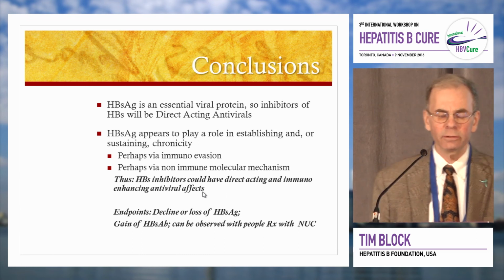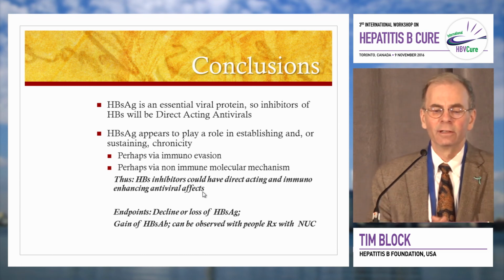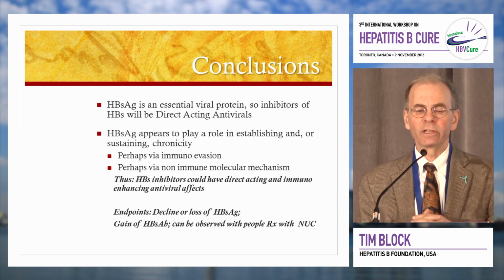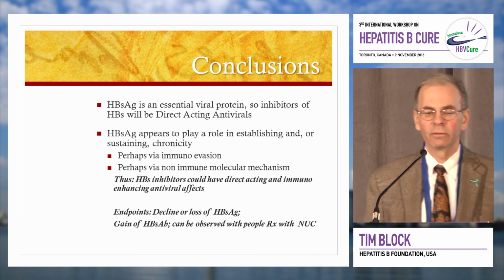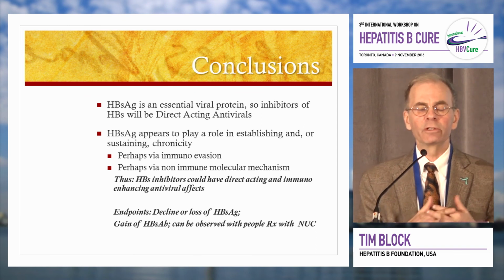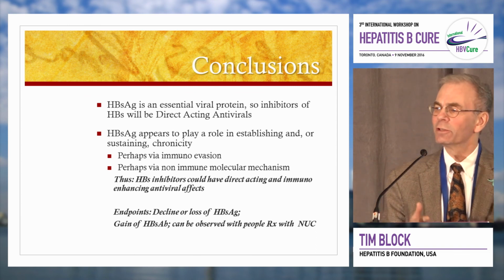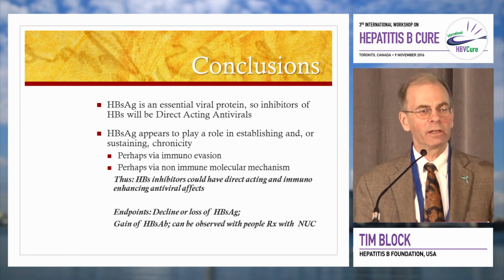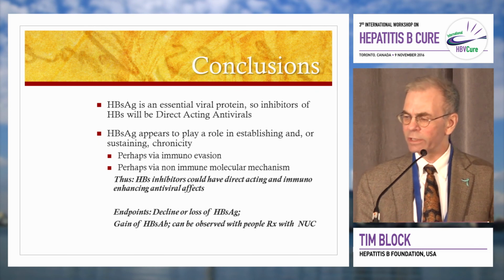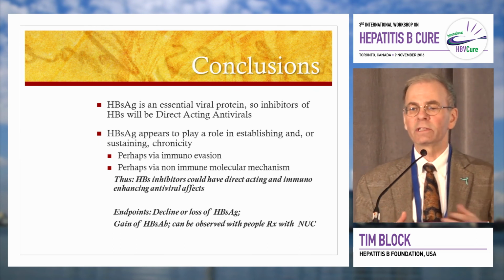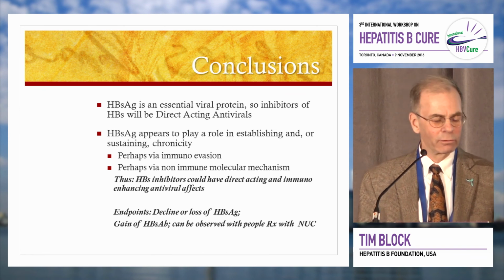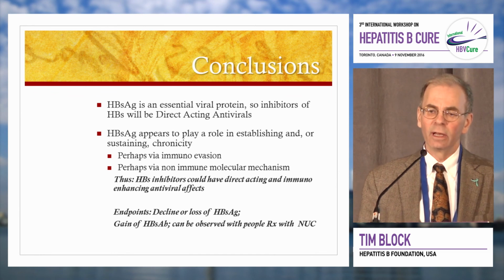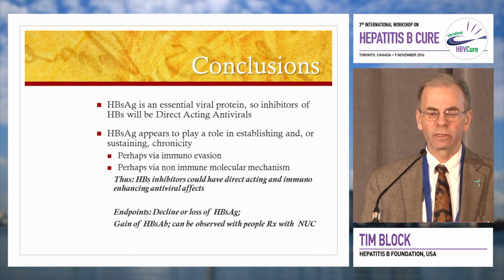So in conclusion, and I think I was able to end a little bit short here, the point I want to make is that hepatitis B surface antigen is an essential viral protein, so inhibitors of it should have as legitimate a chance to control or manage viremia as any direct-acting antiviral. And with the concern of S antigen coming from integrated copies, if that continues to be a problem in infection, direct-acting drugs that target S antigen should be considered.